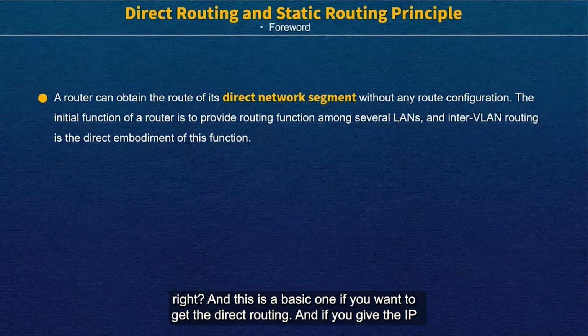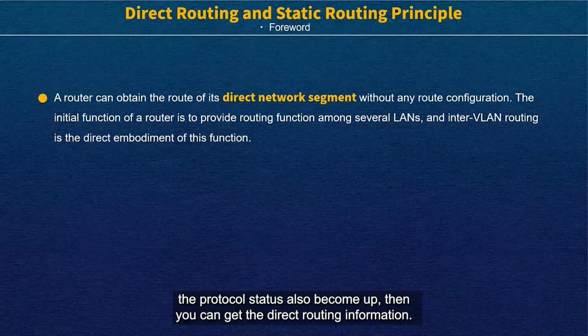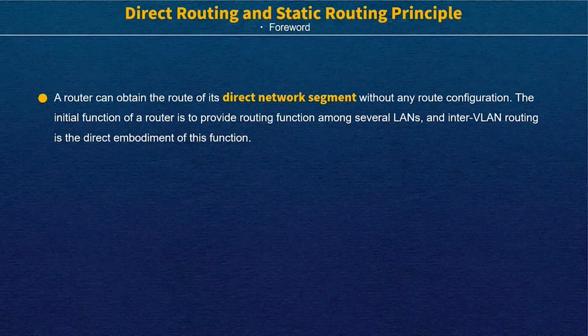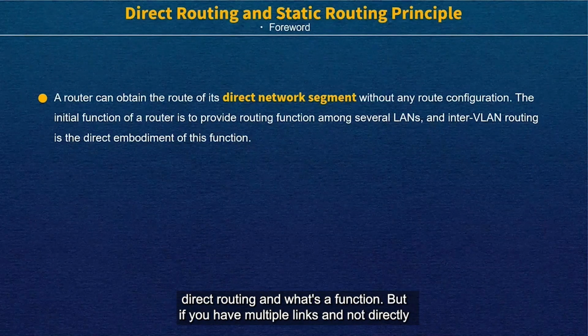If you give the IP address and the physical status becomes up and the protocol status also becomes up, then you can get the direct routing information. Then for basic message transmission like traffic in different VLANs, we can use the direct route to help forward the messages. So this is the basic definition of why we need the direct routing and what its function is.